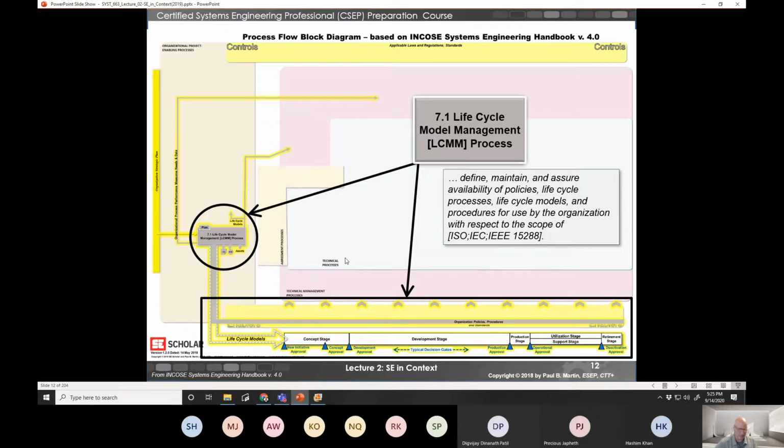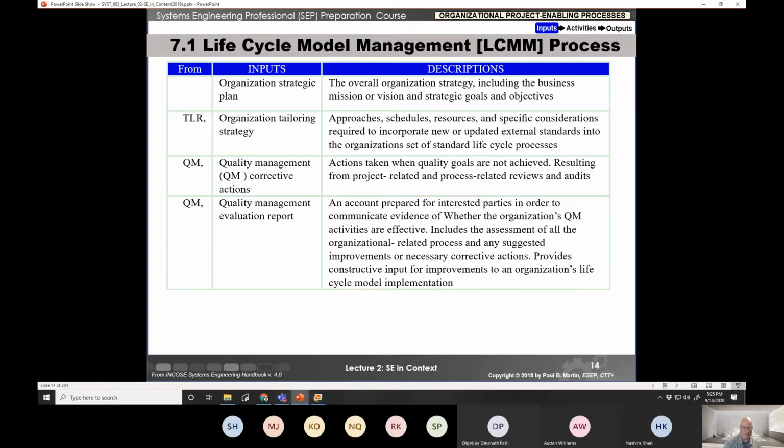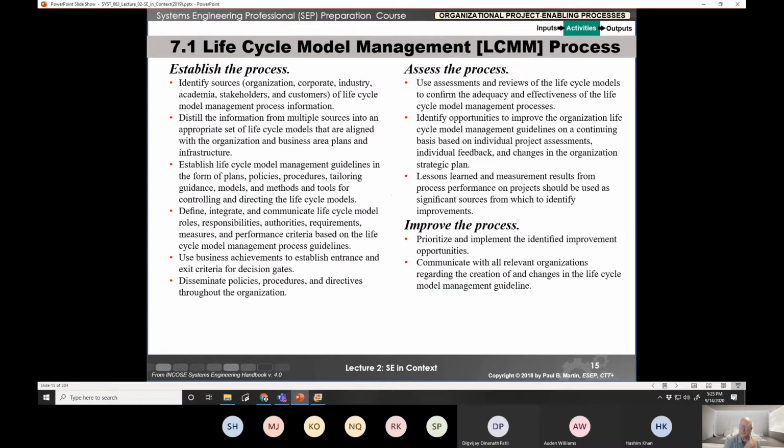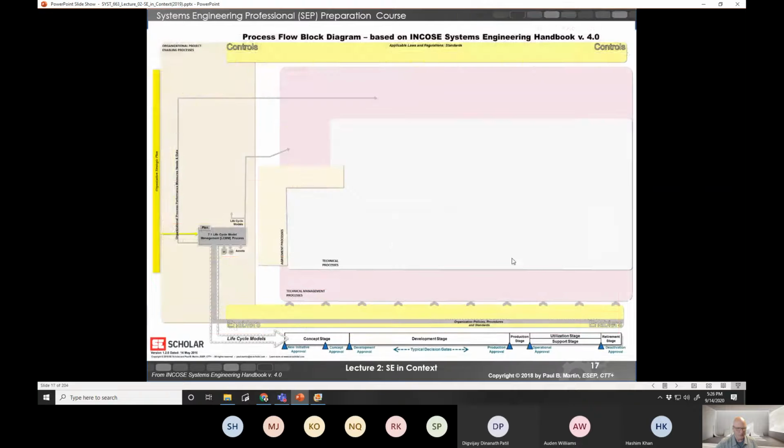All right, the life cycle model is there in order to do all the processes that are on top of the model itself. As output, you establish, assess that project and process, put it through that way, and improve the process as you go along.